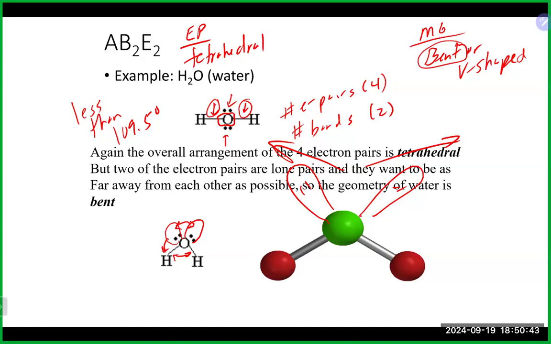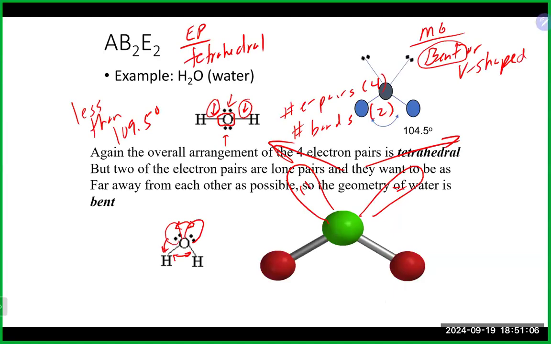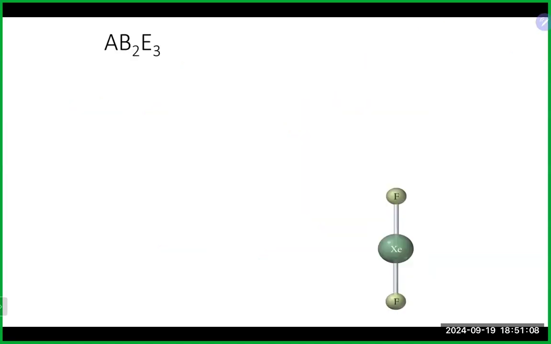So that's why we're going to use the distinction between those two. So 4 electron pairs, 2 bonds will be bent or V-shaped. 3 electron pairs and 2 bonds will be angular, so we know exactly which one we're talking about. Any questions on that? As you can see there, 104.5 for water is really what the bond angle is.